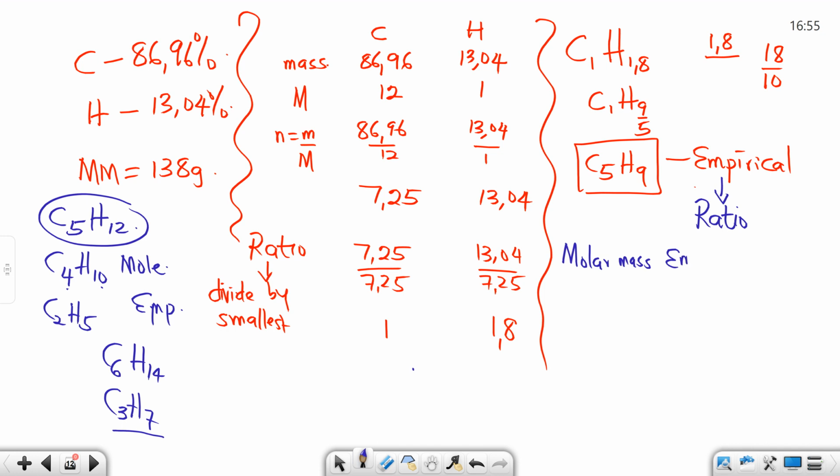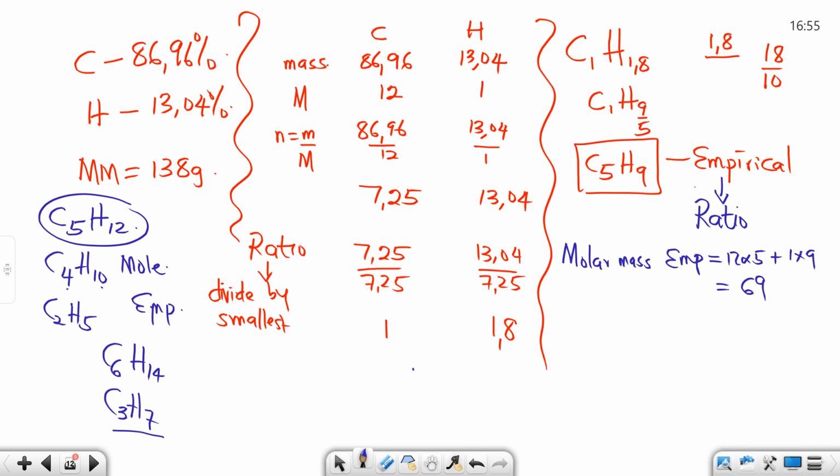Molar mass of the empirical formula. How many carbon atoms do I have? 5. So this is 12 times 5 plus 1 times 9. What would this give us? 69.